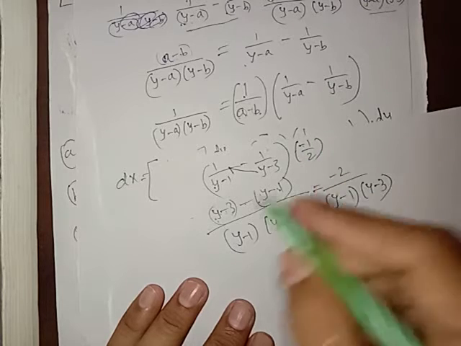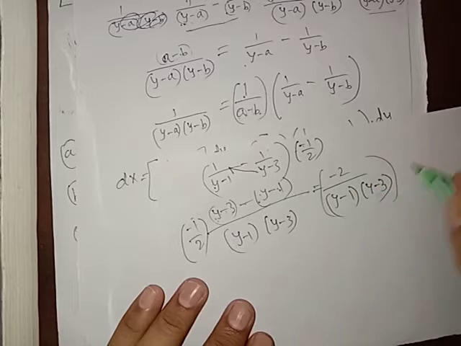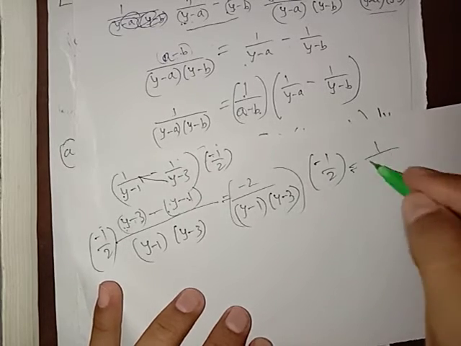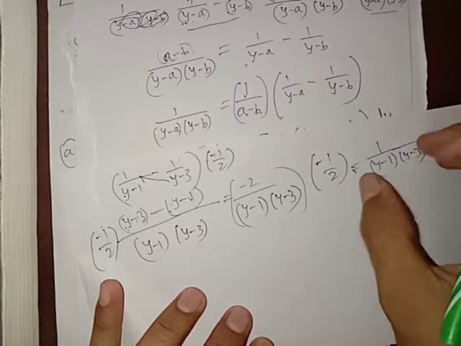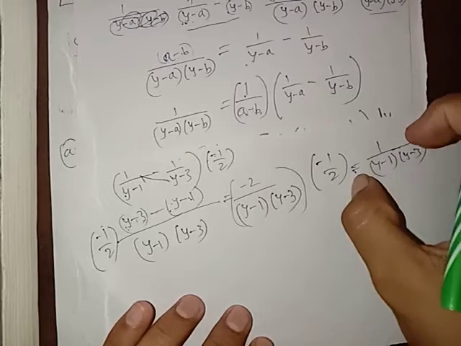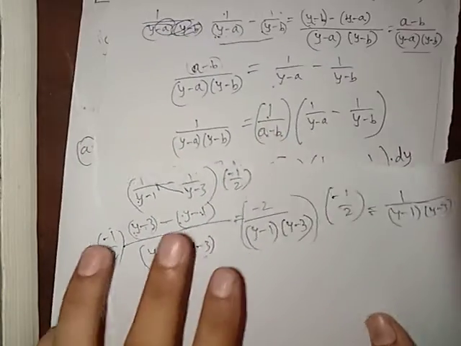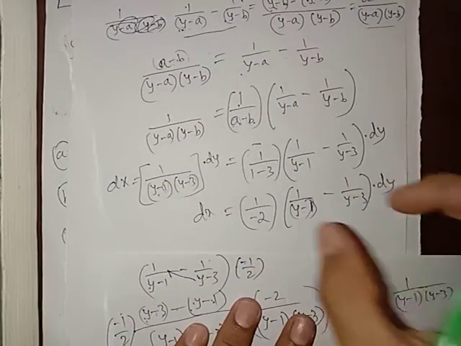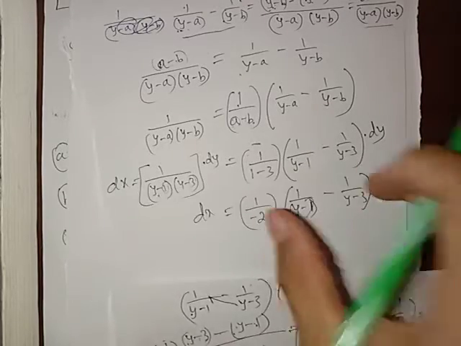Into minus 1 by 2, this results in 1 divided by y minus 1 into y minus 3. This is what is required. So we can write it this way, and if we evaluate it, we get this. So this is correct.